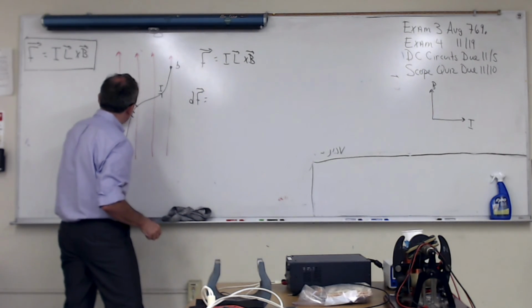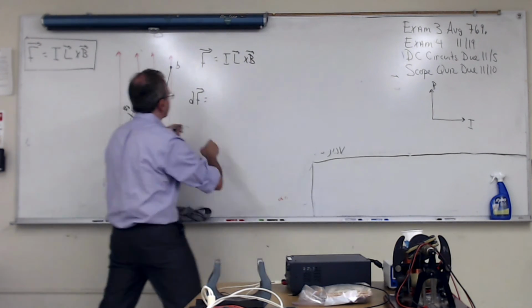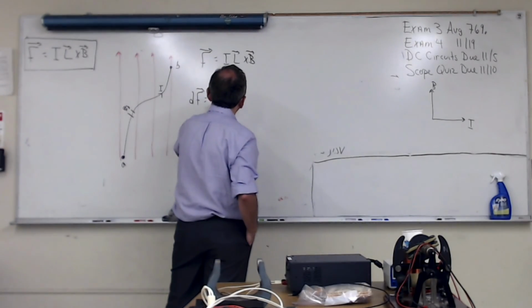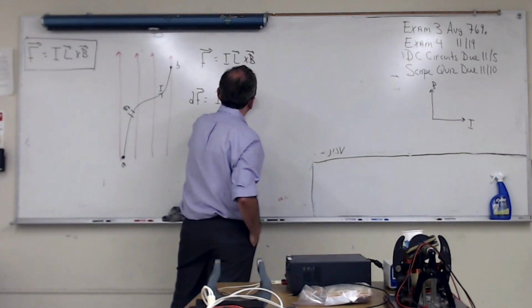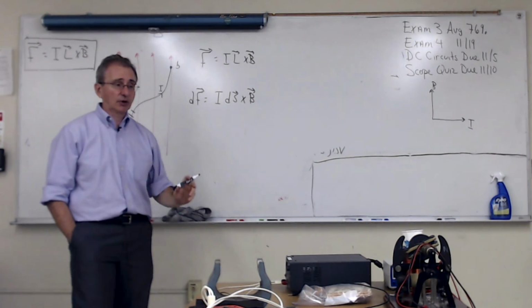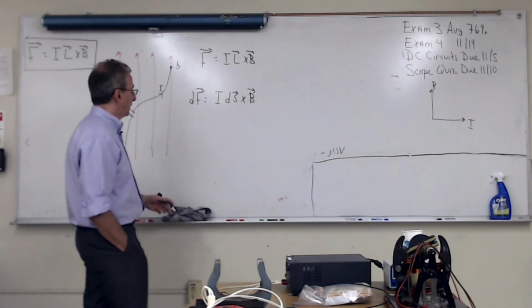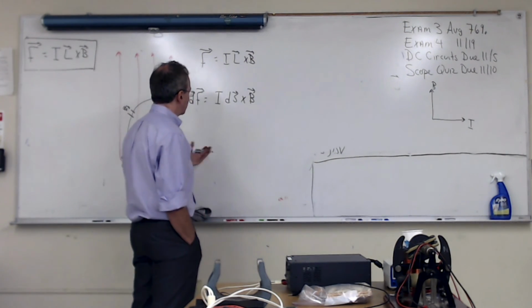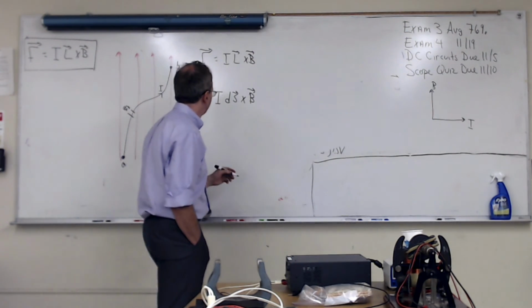I've got to find the force on this little ds. I'm assuming the magnetic field's uniform for now. Let's assume the magnetic field's uniform, and so this is going to be an easy integral.